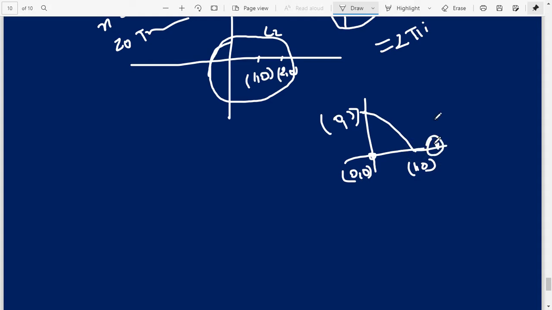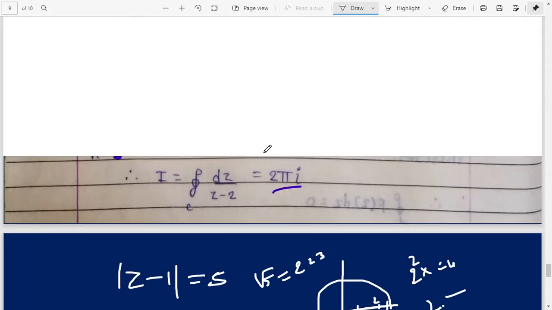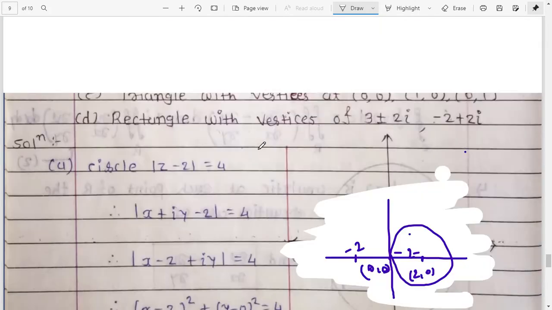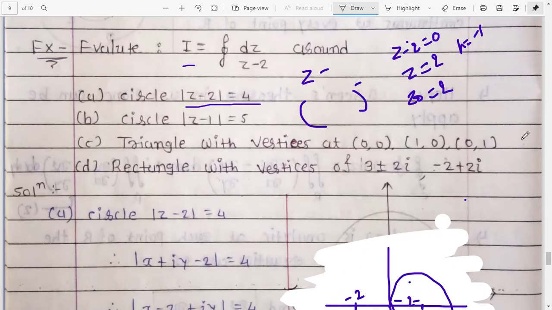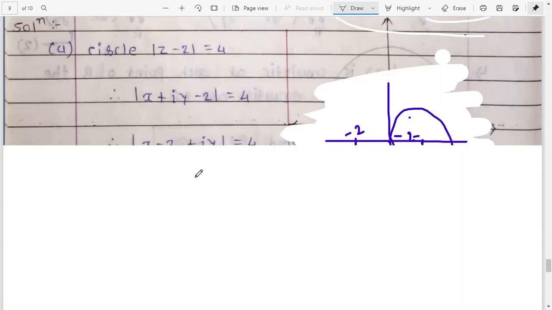This is outside, so for n is equal to minus 1 and z0 outside of the triangle, the integration is equal to 0. The answer will be 0. This is homework now. Thank you.